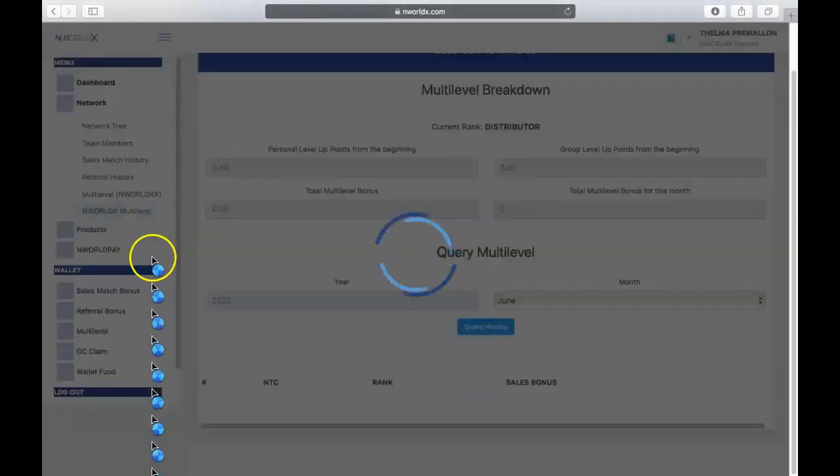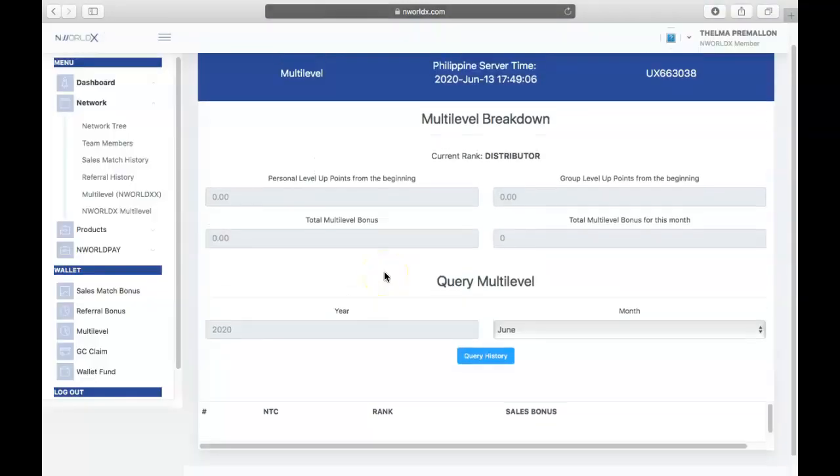Whatever products you purchase in the company, every product you buy has corresponding level up points and multi-level points. The level up points are used to identify your position or rank in the multi-level system, and the multi-level points are used to compute your multi-level bonus.